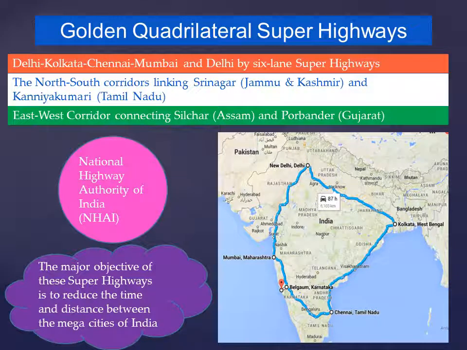The east-west corridor connects Silchar, Assam and Porbandar, Gujarat. When you see the map, there is a blue connection shown as the Golden Quadrilateral Superhighways. This is maintained by the National Highway Authority of India (NHAI), and its major objective is to reduce the time and distance between the megacities of India.